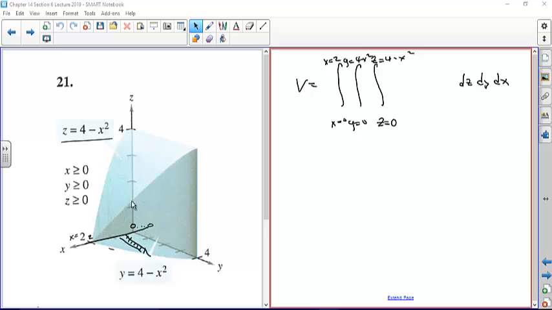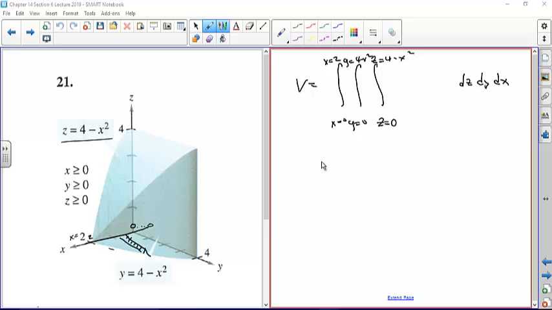The issue is that you're going to have two integrals, because this parabolic cylinder shape is going to be the top of the volume for part of the domain, and this side part here is going to be different.